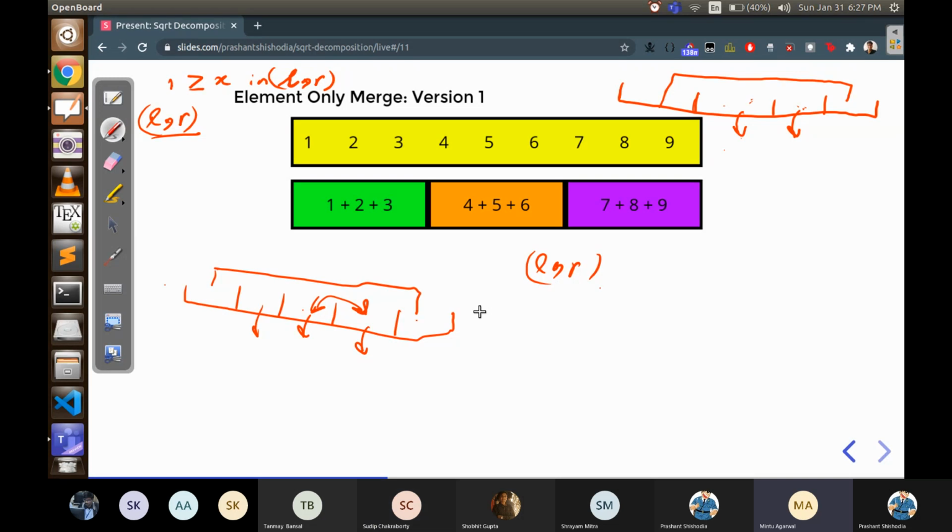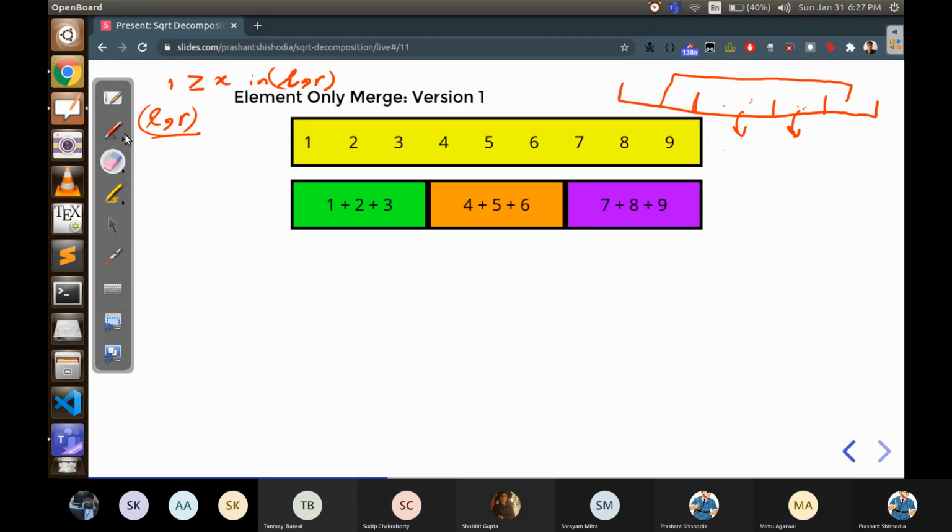So I'll present you a better solution. I'll modify my square root decomposition in such a way that I'll not have to merge ranges, I'll only have to merge elements. So consider the same problem again. There are root n blocks, right? And I have this query. I have the number of inversions here and here.